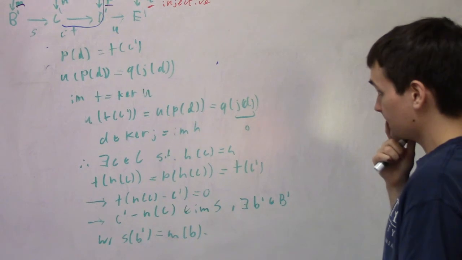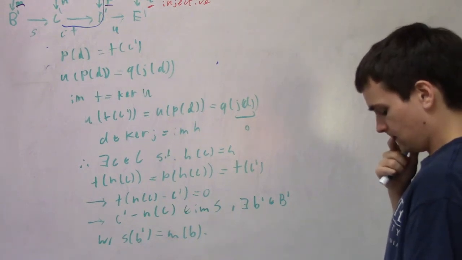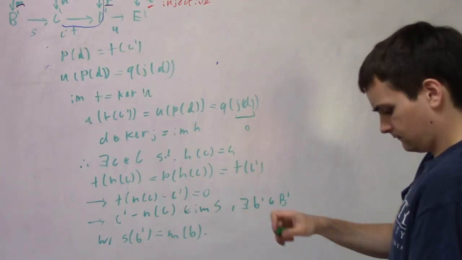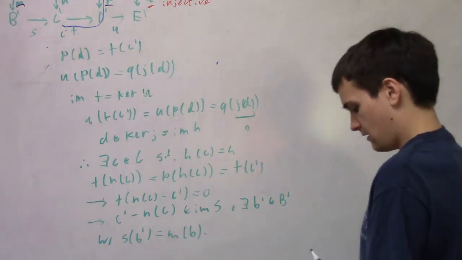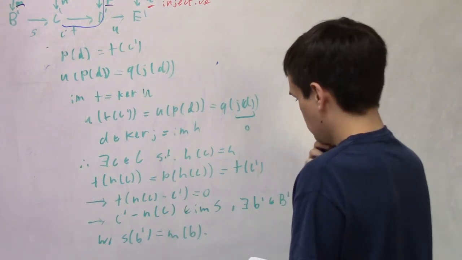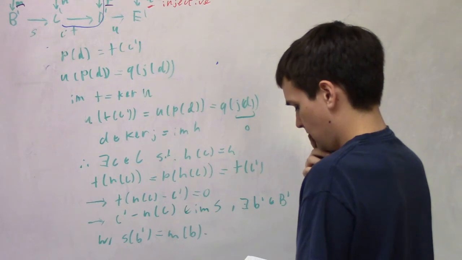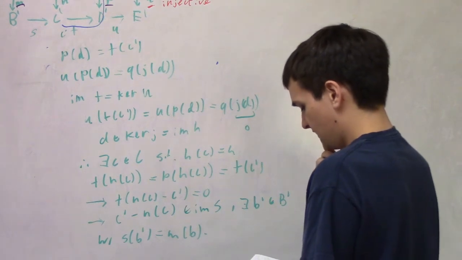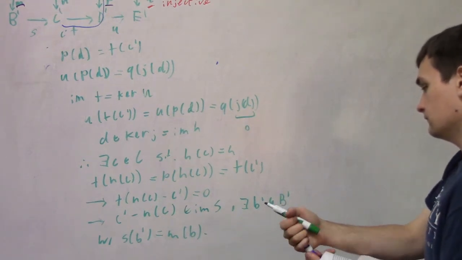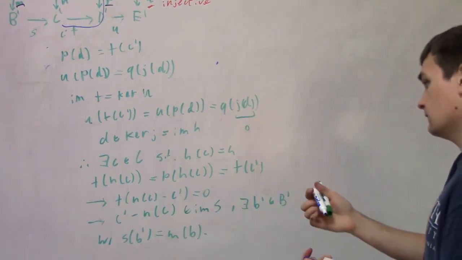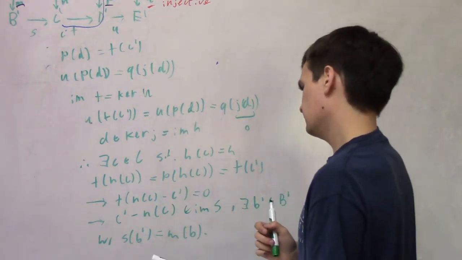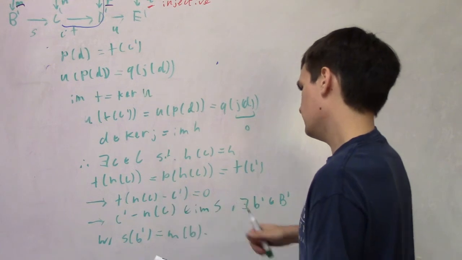But S of B prime is also equal to C prime minus NC, right? That's the connection between what you're doing and what you're writing. Now by commutativity, S of B prime is equal to C prime minus NC.